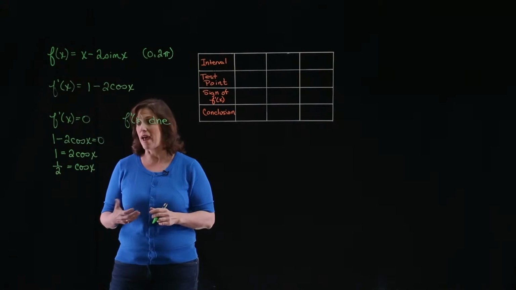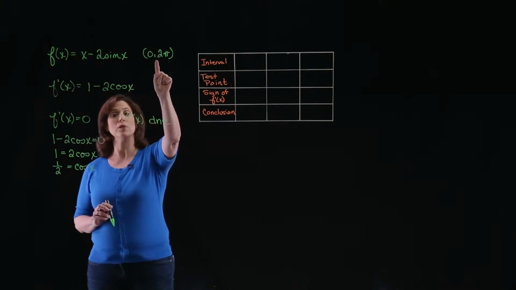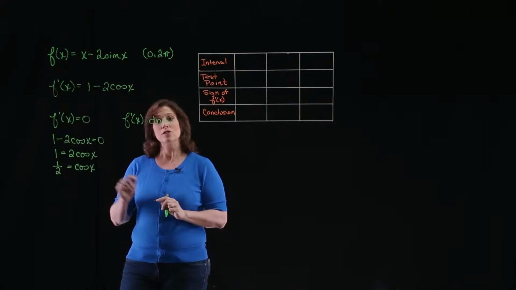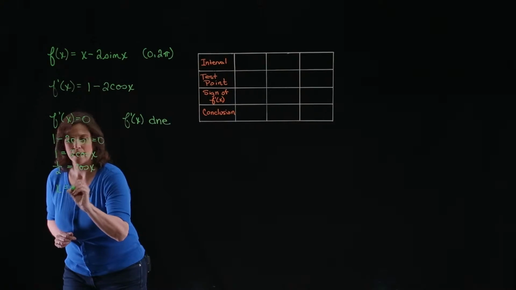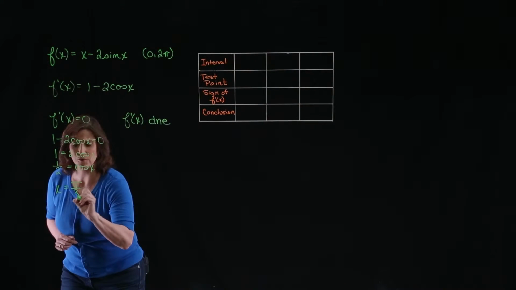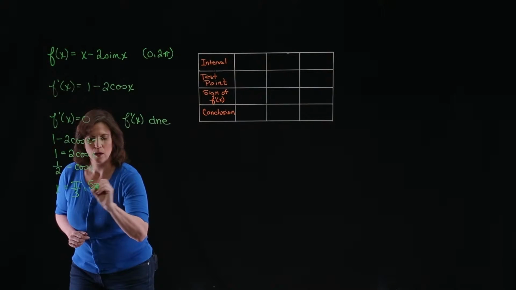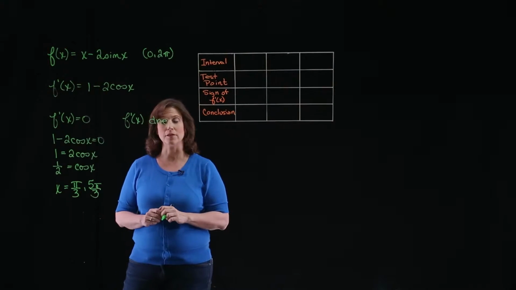Now there are many different angles in which the cosine of x equals 1/2. But remember, in this problem, we're only interested in answers between 0 and 2 pi. So the cosine of x equals 1/2 when x is pi over 3, which is a first quadrant angle, and 5 pi over 3, which is in the fourth quadrant. All right, so I have two critical numbers.